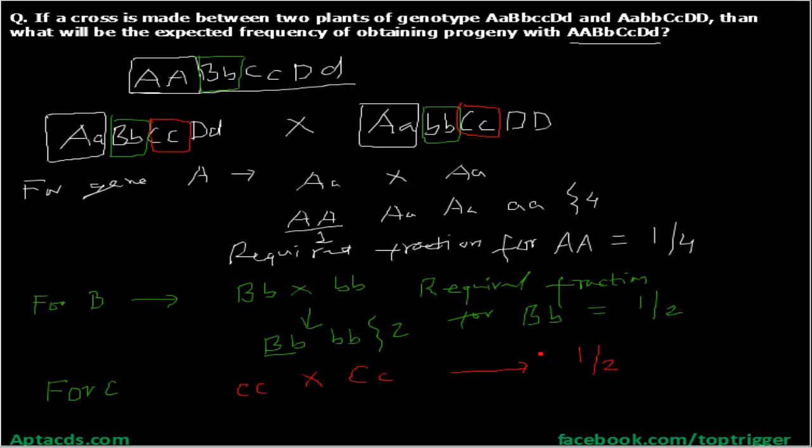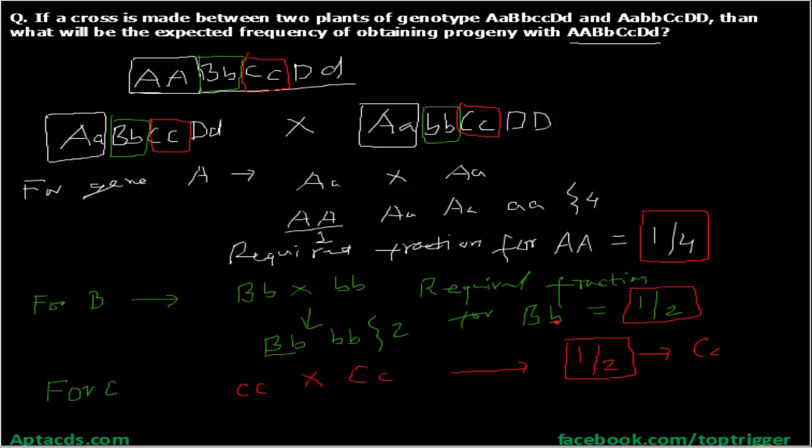So the requisite ratio for capital C and small c, which is required over here, is again going to be 1 by 2. So far we got 3 fractions, 1 by 4, 1 by 2 and again 1 by 2.